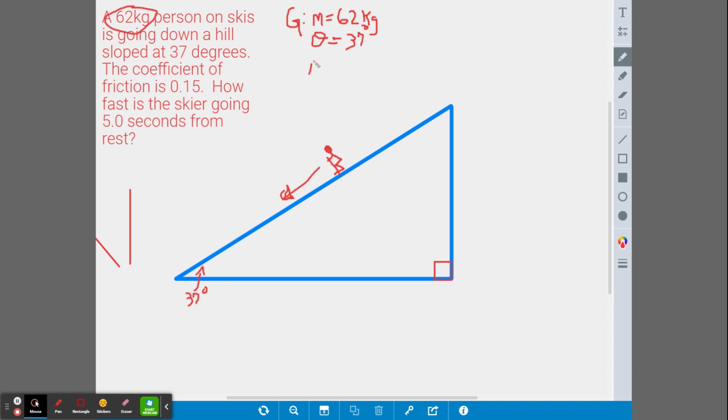We know the coefficient of friction is 0.15. And we are given time equals 5 seconds.